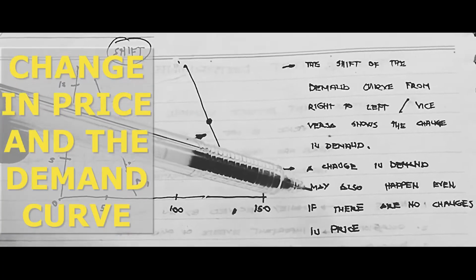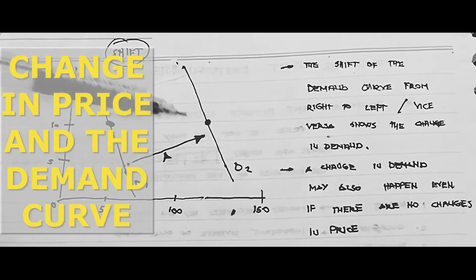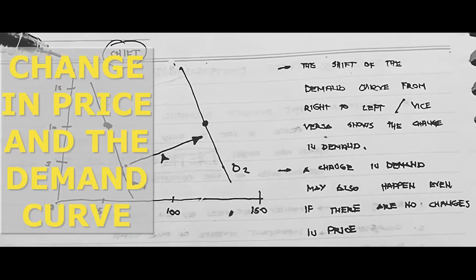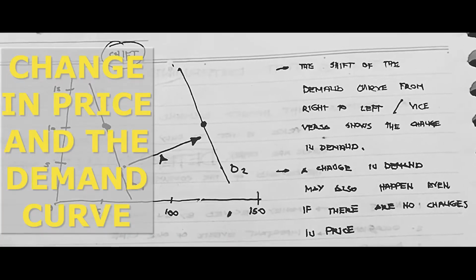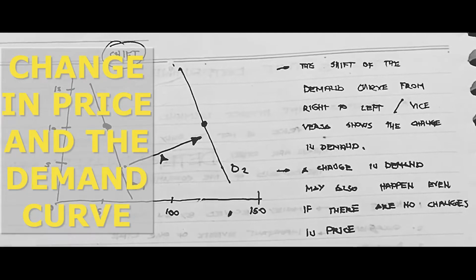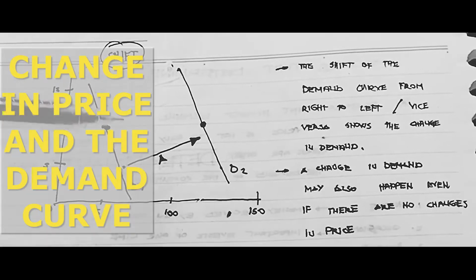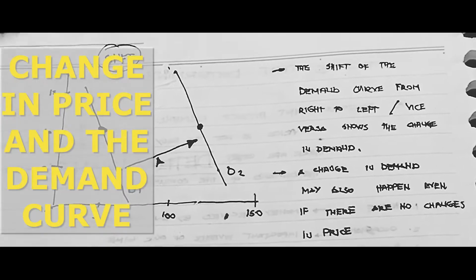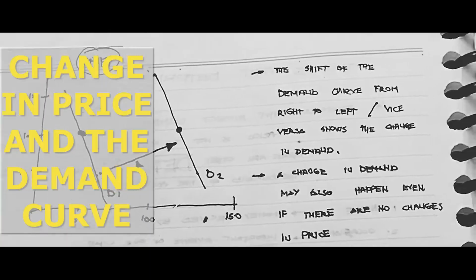So a change in the demand curve may also happen even if there are no changes in price. Okay, there are determinants that could influence the shifting of the demand curve.